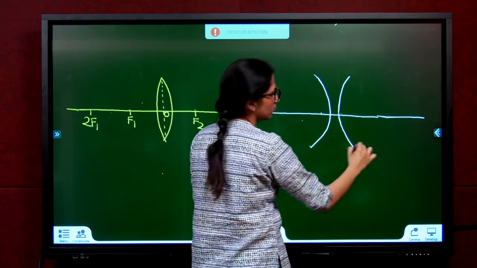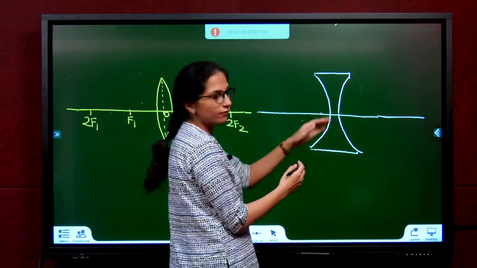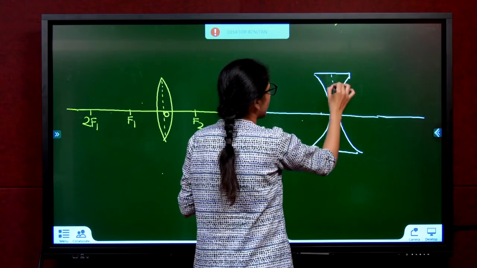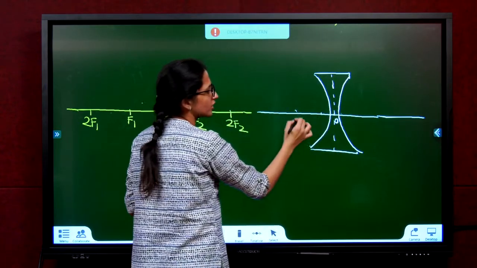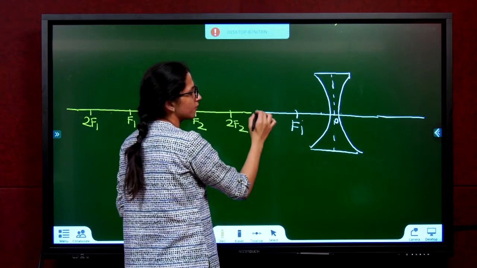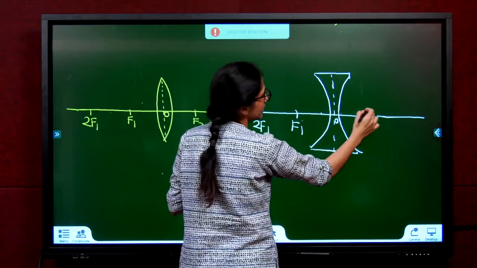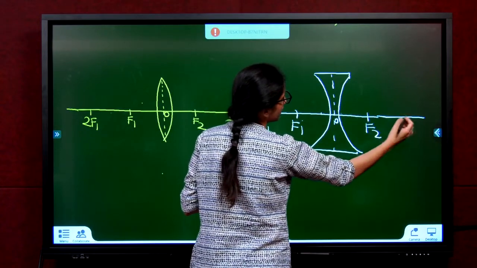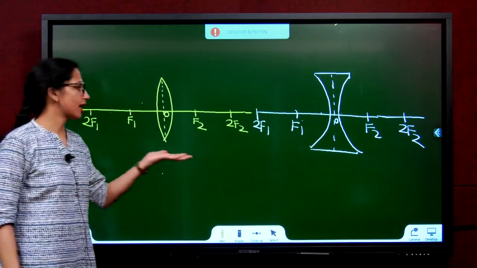Draw. Join this approximately 2 to 3 lines above, 2 to 3 lines below. At the center, draw a dotted line. Mark this as O. From O, measure 3 centimeters, mark F1. From F1, measure 3 centimeters, mark 2F1. From O, measure 3 centimeters this side, mark F2. From F2, measure 3 centimeters and mark 2F2. So this is how you draw your lenses.